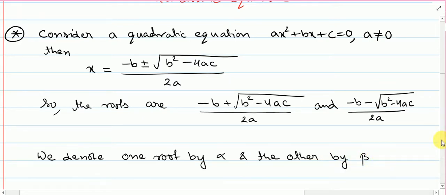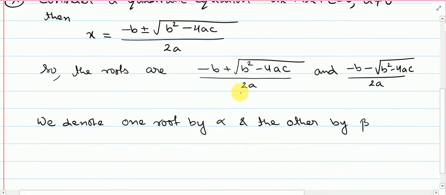So it's up to you whether you take the first one as alpha or the second one as alpha. If you're taking the first one as alpha, then the second one will be beta. Okay, or if you're taking the second one as alpha, then the first one will be beta. Okay, so you can just, it's denoting.